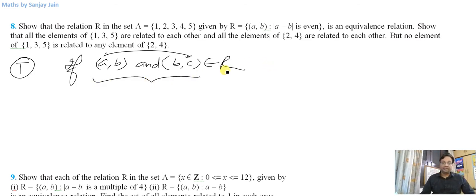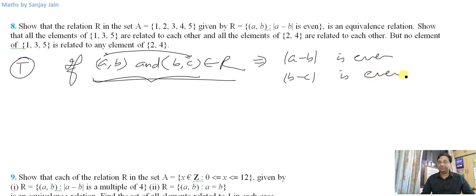Now let me check. If these are in this relation R, this means that |a - b| is even and |b - c| is even. This means that if |a - b| is even, it is sure that a - b is even, whether it is with positive sign or negative sign.